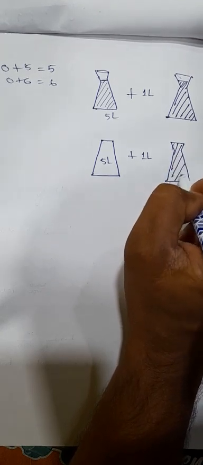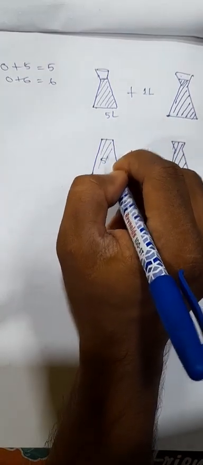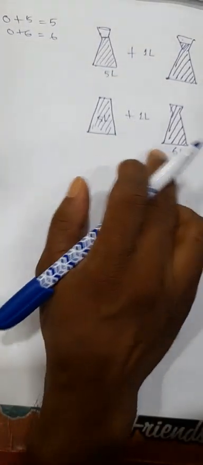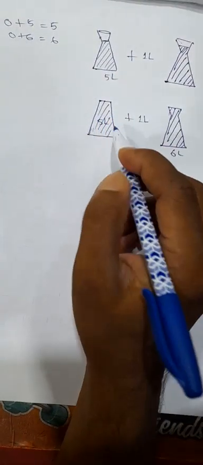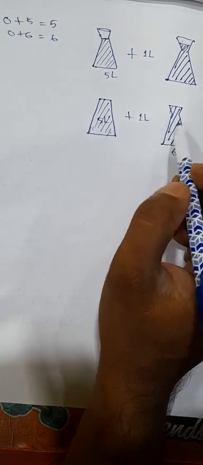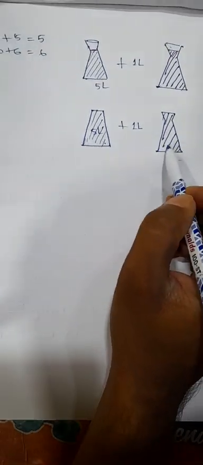Right, it is 6 liters. Earlier it was 5 liters, so its identity is changed. When it was 5 liters, the shape of the water in the container was like this. When you add 1 more liter, the level of water goes up, so it becomes like this shape.